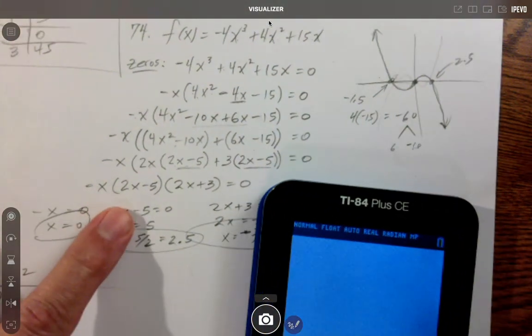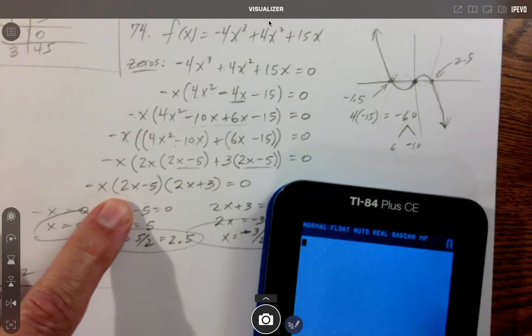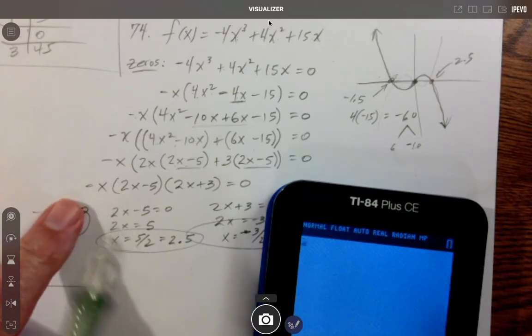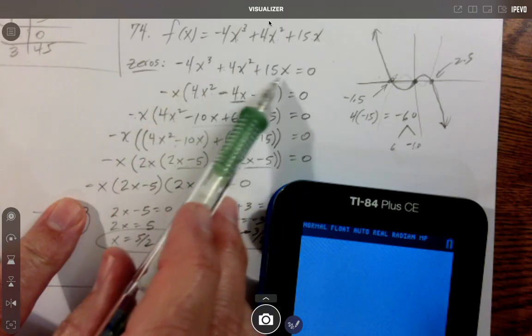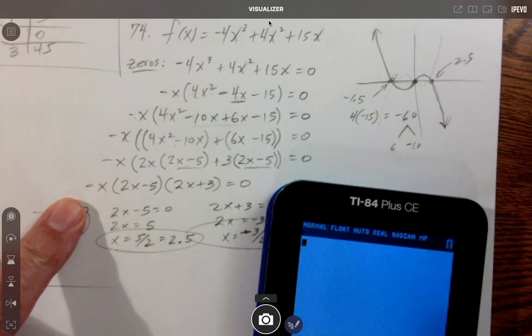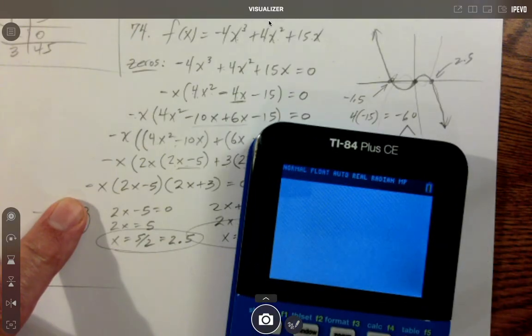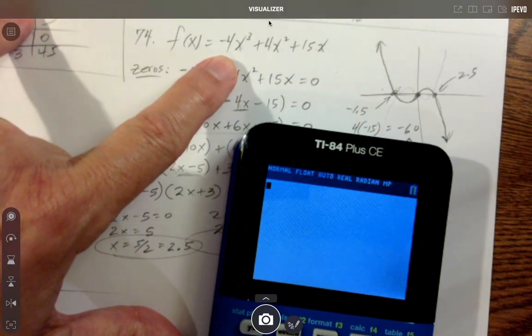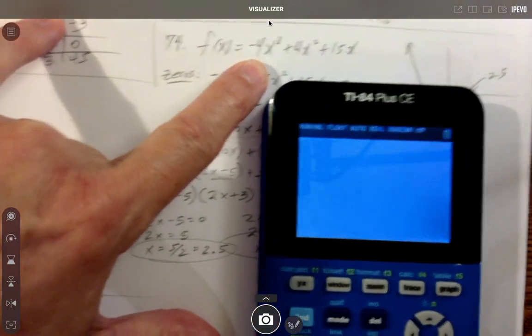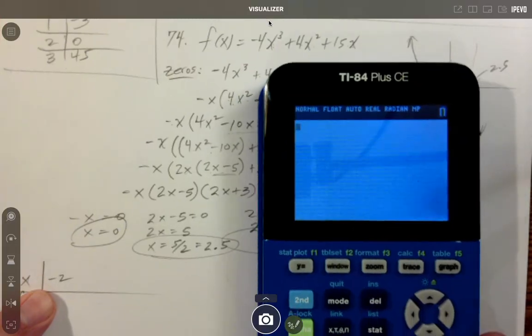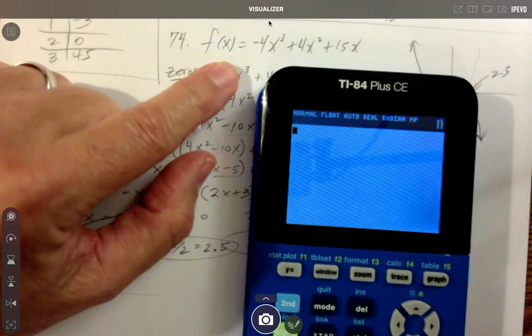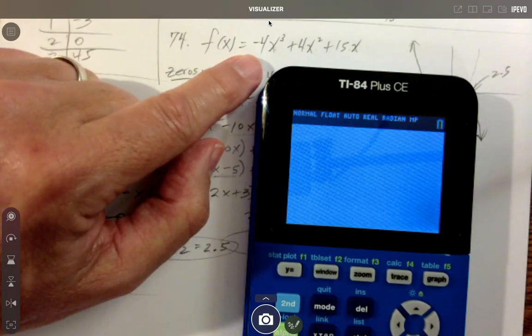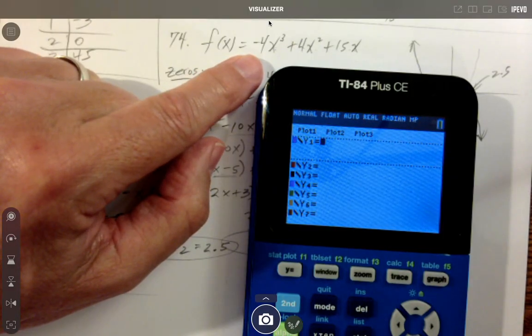I could just do it this way. If I factored it right, you could plug in your x here, or you could plug in your x here in the original, either one. So, I guess to avoid confusion, I'll just go back to the original. All right, so we're going to do negative 2 in the function. And then I'll show you a little trick to make it easier. I'm going to cheat here for a minute.